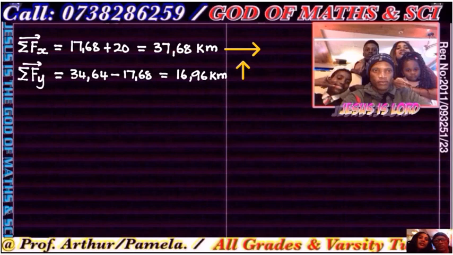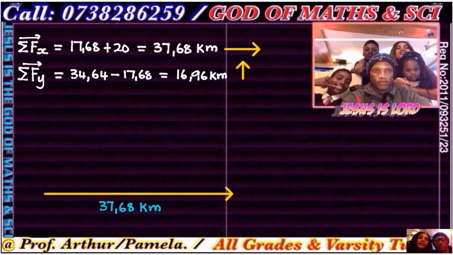So we can do Pythag, but before we do Pythag, let's draw these vectors and demonstrate them. I'm going to start with the one on the x. That one represents the 37,68 kilometers to the right. Then the next one, I'm going to go blue, which goes upwards.